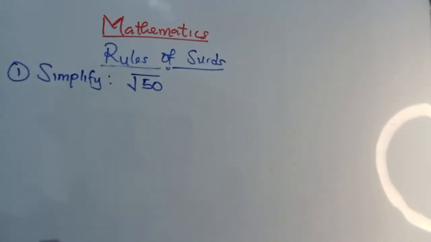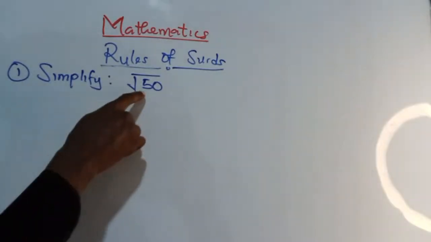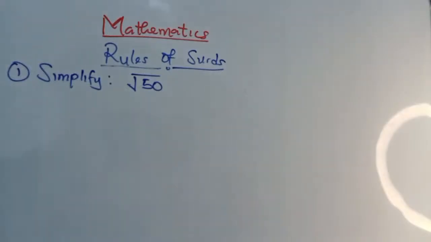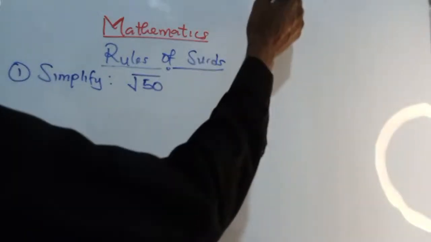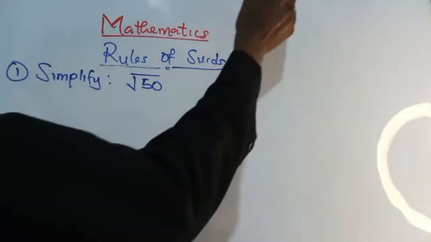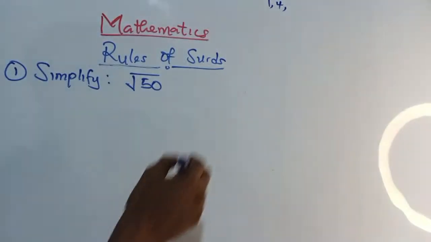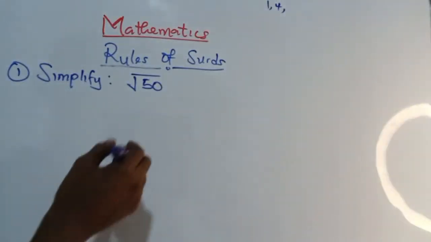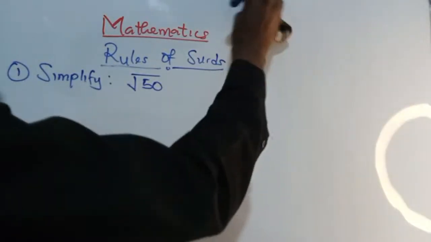And you know 50 is not a perfect square number. If you want to solve this without using a calculator, there is a way you do that. You look for the factors of 50, and one of those factors must be a perfect square number. What are perfect square numbers? Let me write them down.